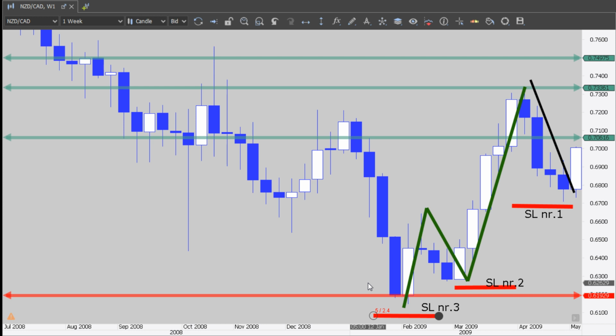NZD weekly chart, the concepts that we are using, you are going to apply if you want, right? You are going to apply this concept on all time frames and all currency pairs. Romer says, okay, number 2.